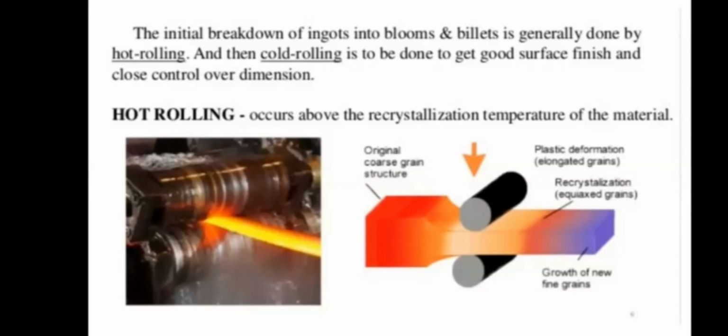Okay, so the cooling will take place. The material is heated above the recrystallization temperature before it enters the roller. Once it is moving far away from the roller, the temperature will drop because it is exposed to the atmosphere. As a result of the drop in temperature, the grain structure will change. We'll see in the next slide.